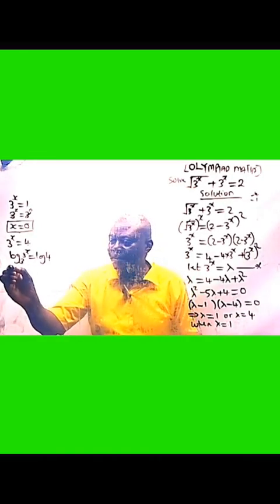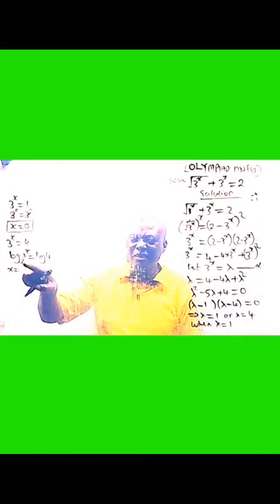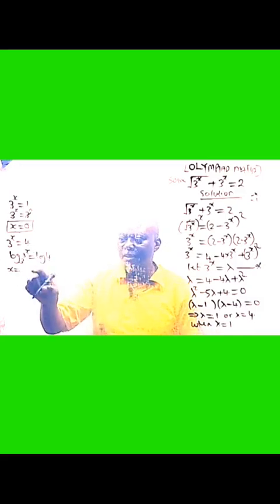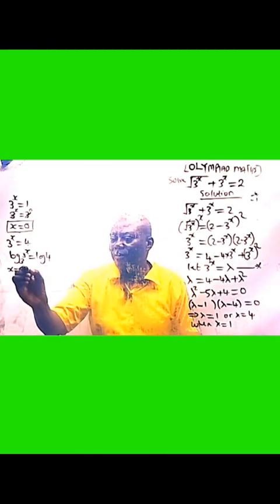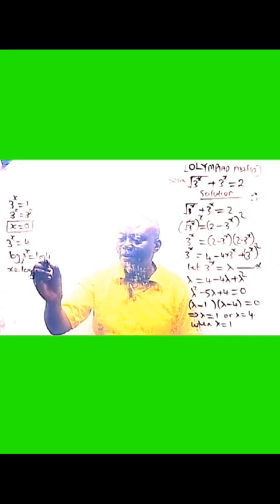From here, x will be equal to, because this x will multiply this, and log of 3 to base 3 is 1, so x equals log of 4 to base 3. Yes, the base is 3. Sorry.